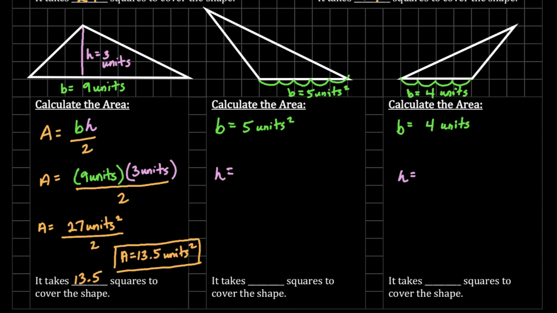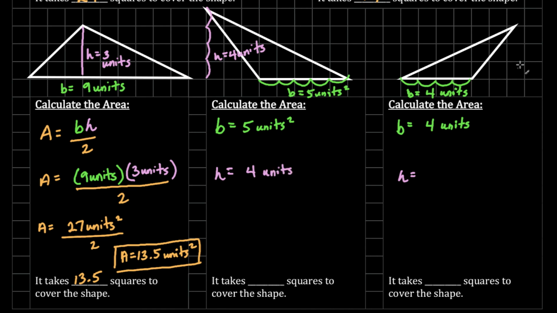And then we have our height. The height is the measure from the floor, so to speak, to the highest point. So the height is 1, 2, 3, 4. The height is 4 units.